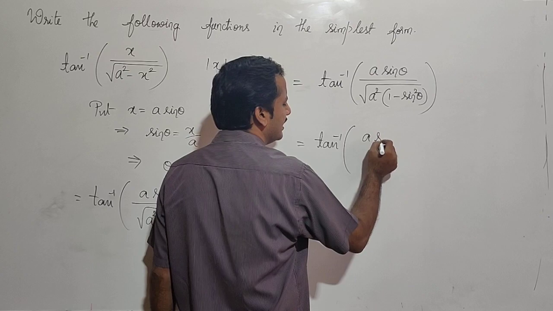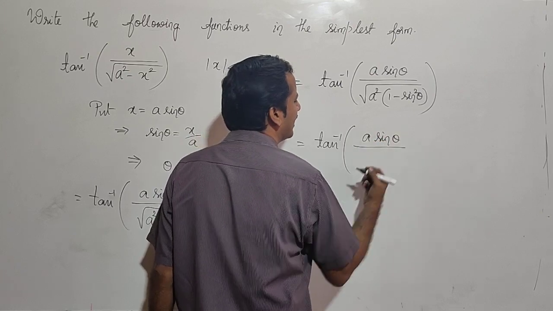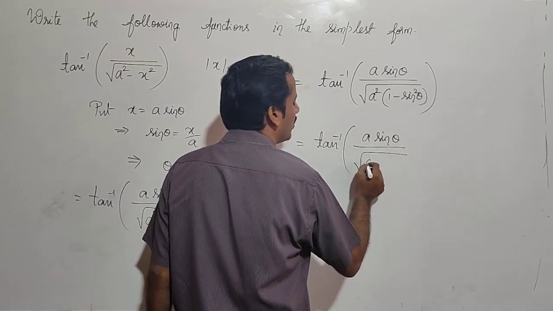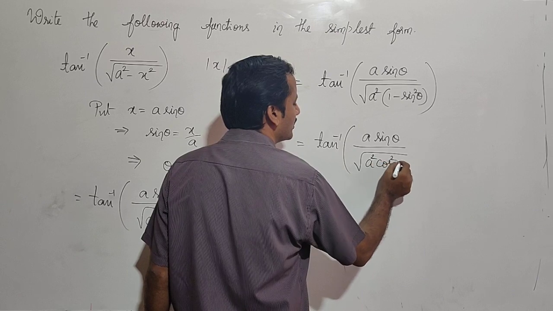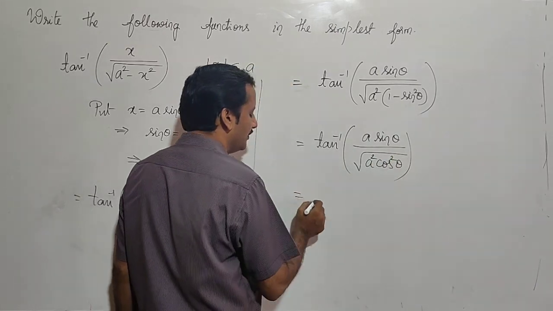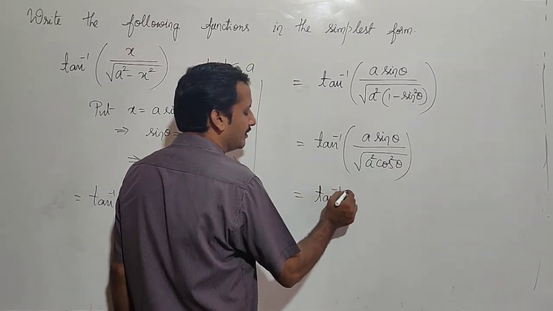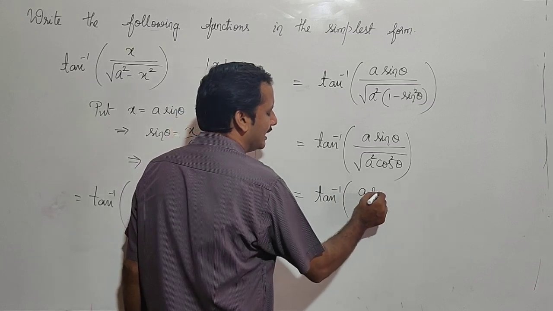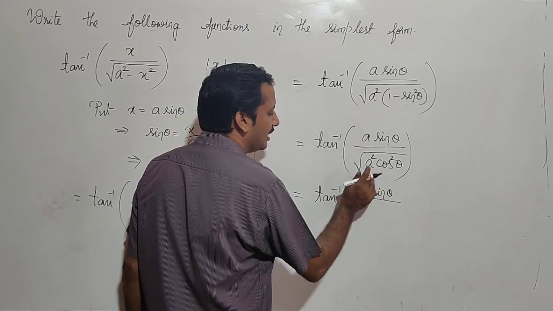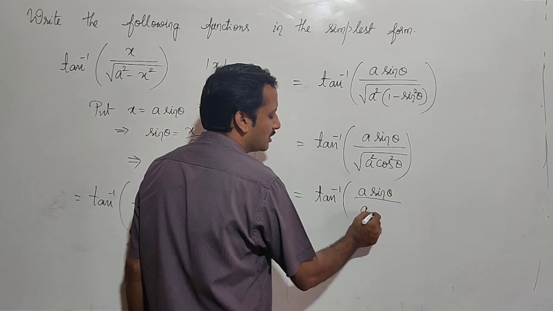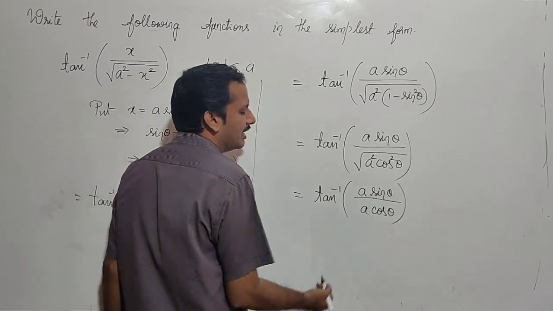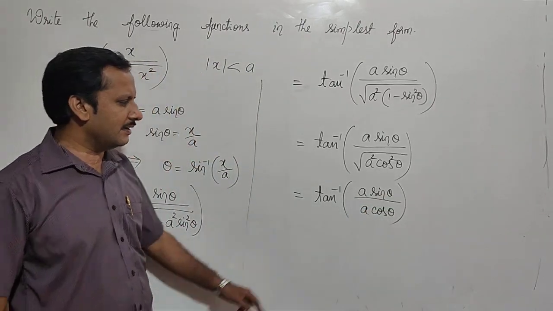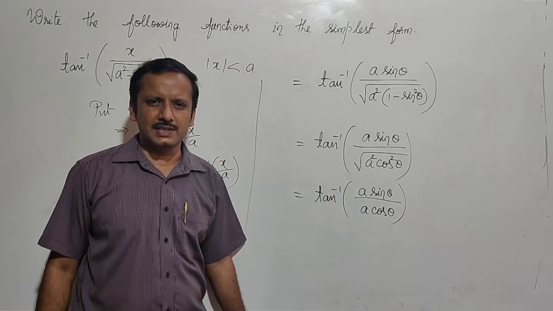Okay, that is a sin theta divided by root of a square cos square theta, which is equal to tan inverse of a sin theta divided by a cos theta. This a gets cancelled.